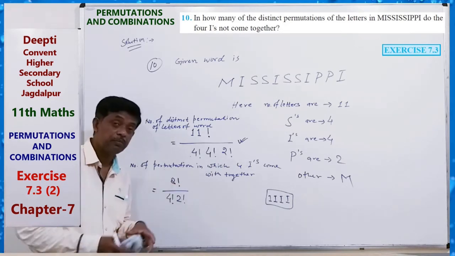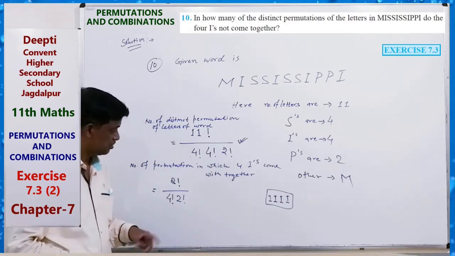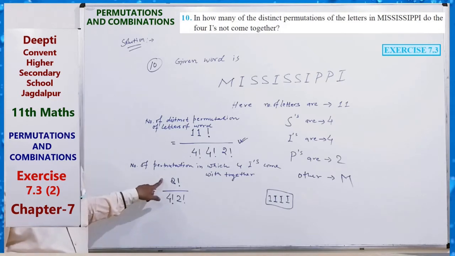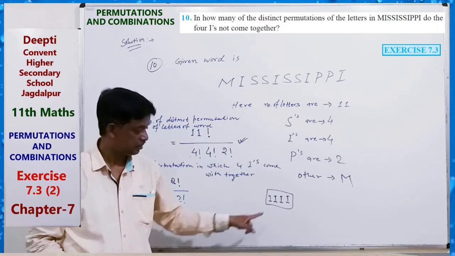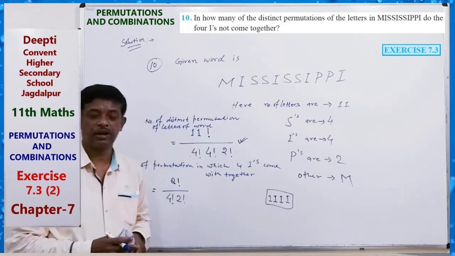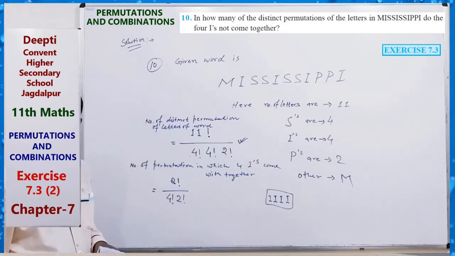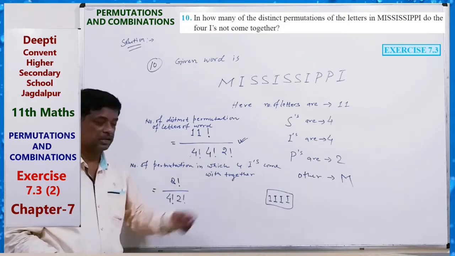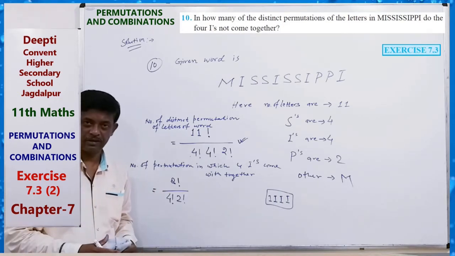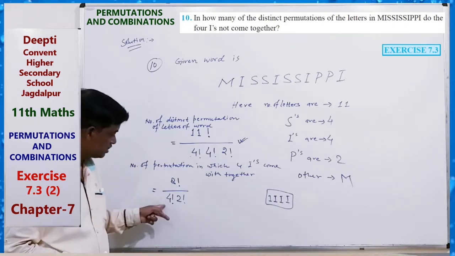This is the number of permutations in which we can arrange the 4 I's together. Okay, here in this collection the 4 I's are together. So we have to subtract this from the total.